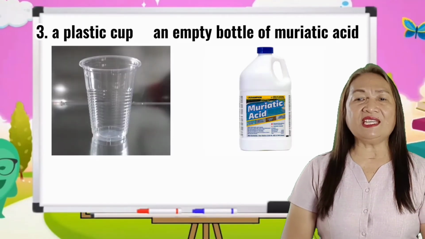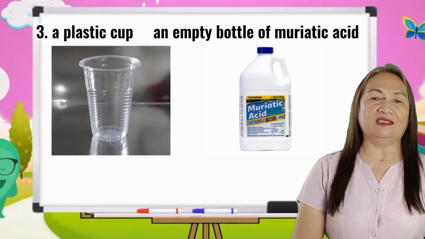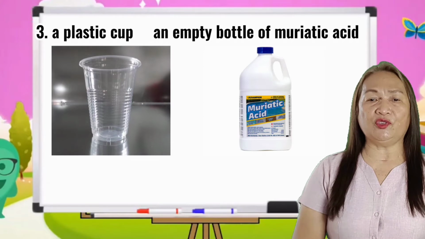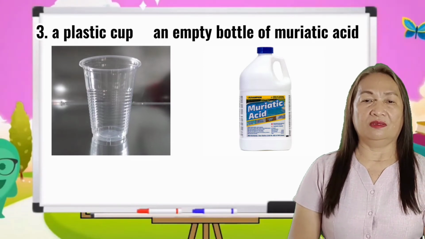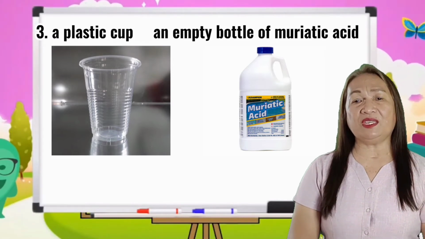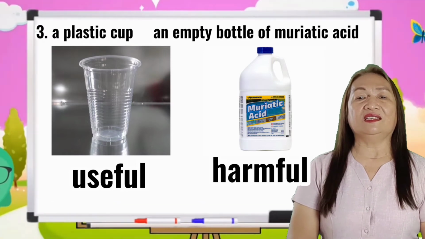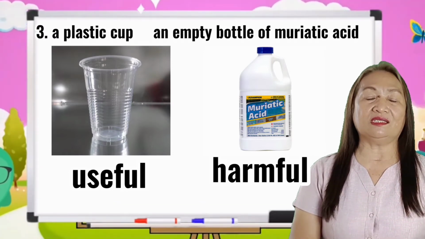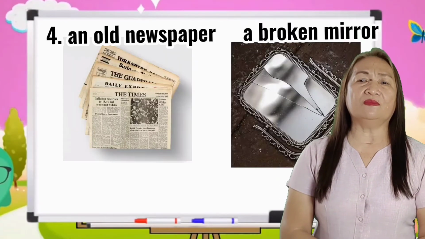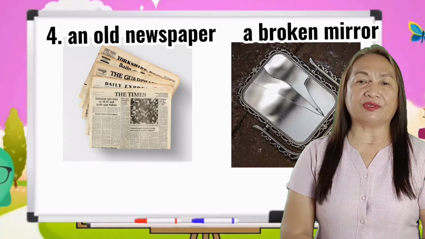Third are a plastic cap and an empty bottle of muriatic acid. Which is harmful and which is useful? You got it right. The plastic cap is useful, but the muriatic acid empty bottle is harmful. Number 4, we have an old newspaper and a broken mirror.